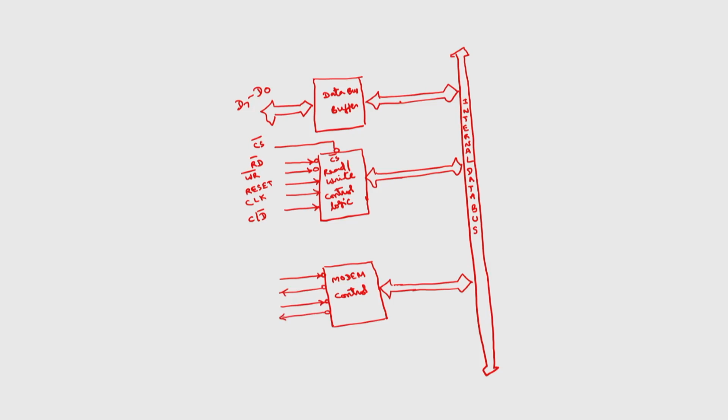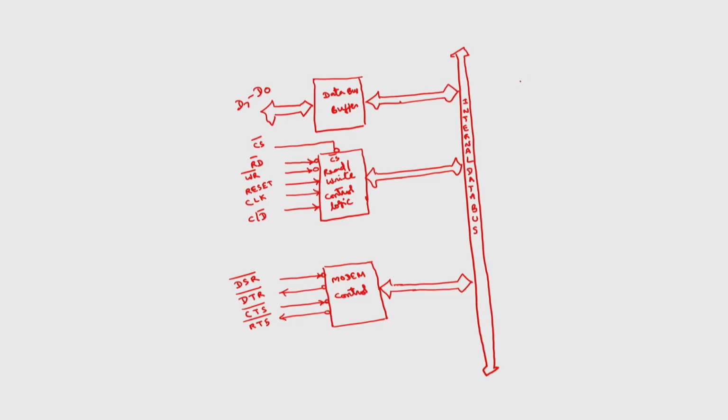Two are input signals and 2 are output signals. One is data set ready, and then data terminal ready, clear to send, and ready to send. I will explain the functions of all the signals in detail. So, you have the different 3 blocks on this side.